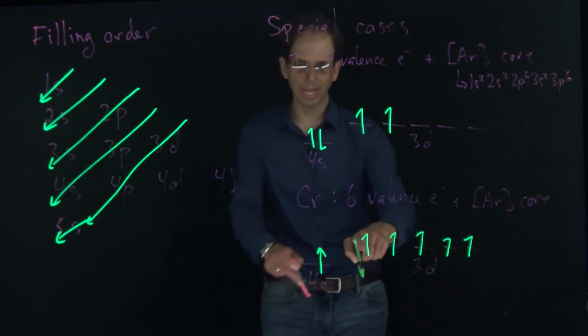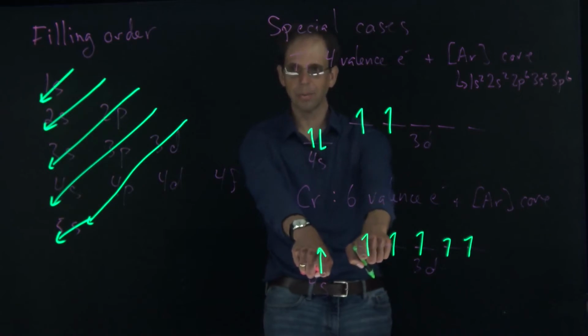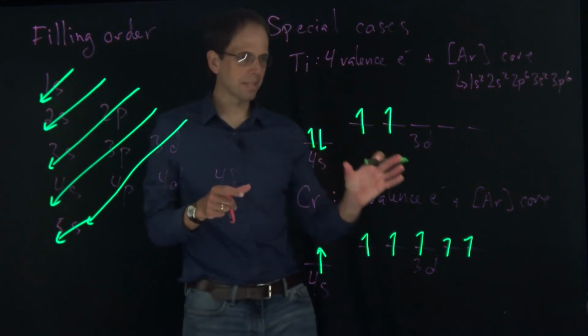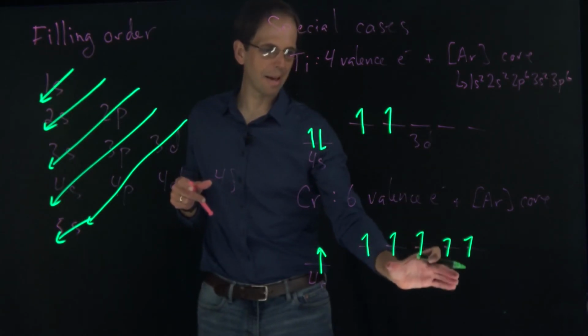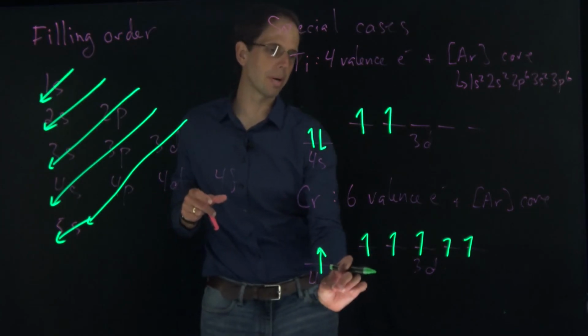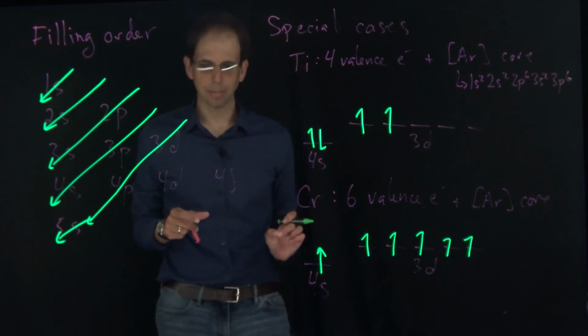And we said that's because the energy difference between the 4s and the 3d is so small that there's actually some extra stabilization associated with having the half-filled shell here that causes one of the 4s electrons to be promoted up to fill the 3d.